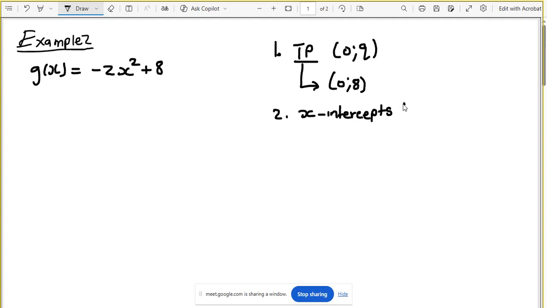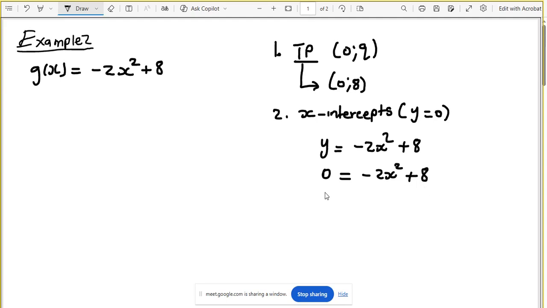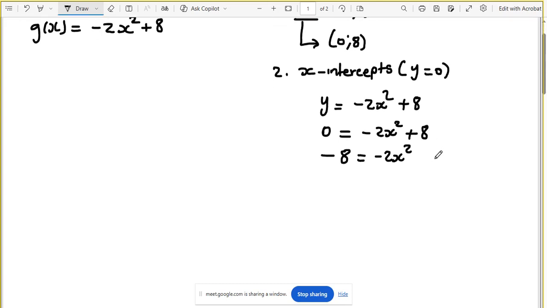Exactly. So where there's y, we put 0. Meaning that if the equation is y is equal to minus 2x squared plus 8, to find x, where there's y, we put 0. Then we are left with 0 equals minus 2x squared plus 8. Let's bring the 8 to this side to be negative 8 equals minus 2x squared, because we are trying to isolate x. Now you can just divide both sides by negative 2.